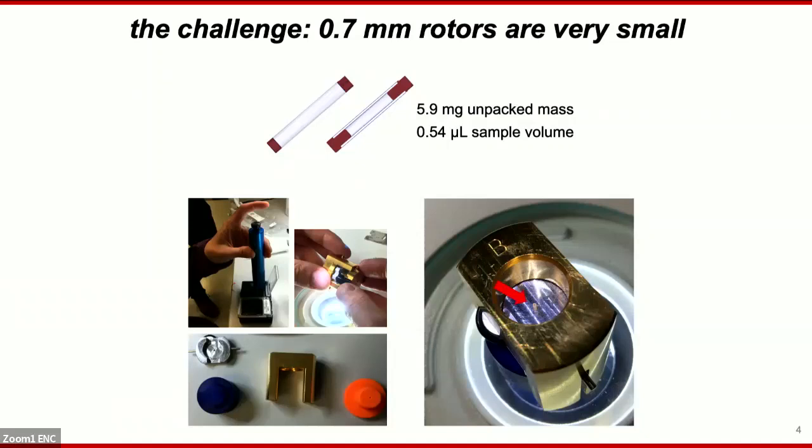And so this protocol wasn't really designed for biomolecular solids. And so for a couple years in the NuCoop lab, we've been packing our 0.7 millimeter rotors with a manual protocol where we centrifuge into a pipette tip, and then we transfer that packed material manually into the rotor by inserting into the pipette tip. This had some drawbacks though.